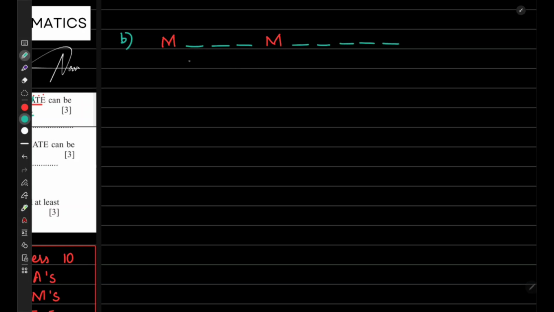Now, first let's take 10 spaces so that I can arrange it. 1, 2, 3, 4, 5, 6, 7, 8, 9 and 10. Okay, let me just copy this.